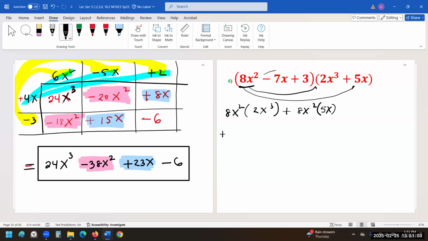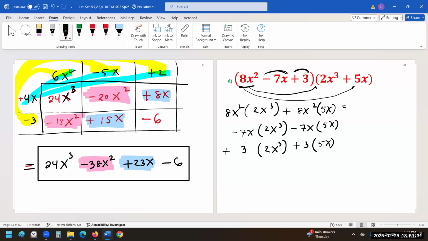And then you do the next term: negative 7x times 2x cubed, negative 7x times 5x. And lastly, the 3: we have 3 times 2x cubed and 3 times 5x.